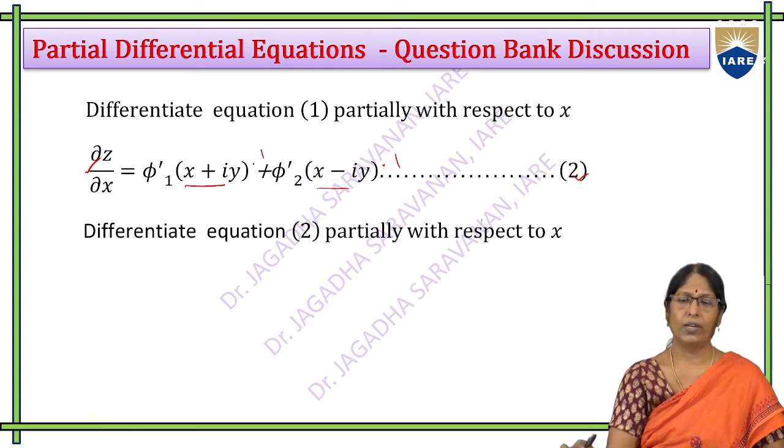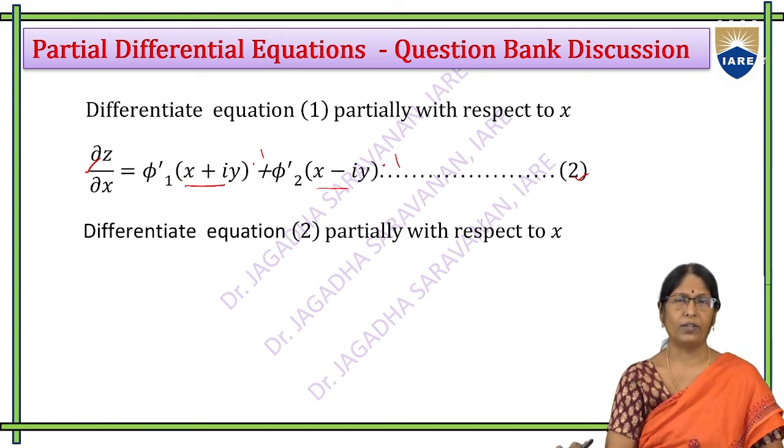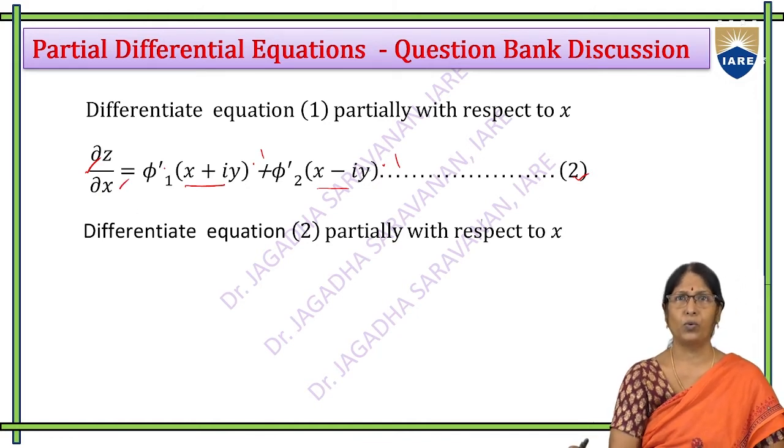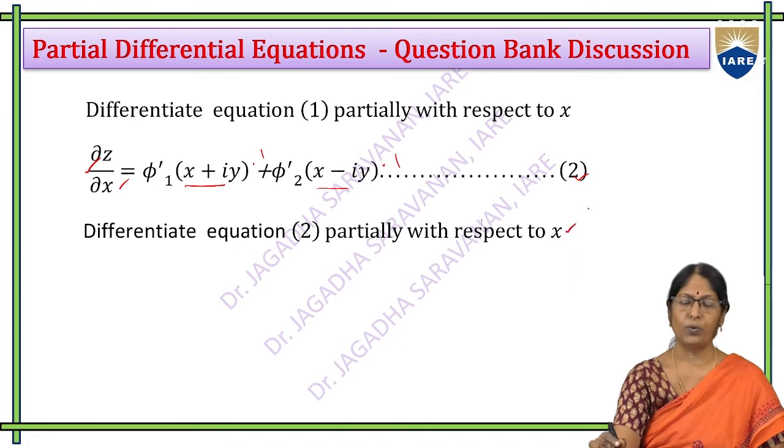Now two functions are there. To eliminate them, we have to move to second order. The equation 2, the first derivative of z with respect to x, once again we are going to differentiate partially with respect to x.